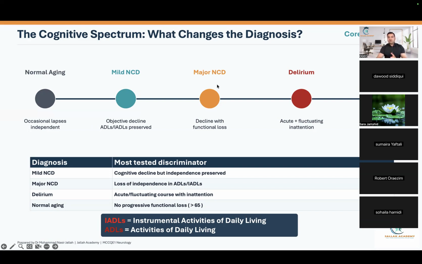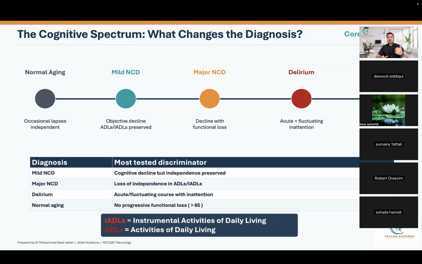It moves on to the red, not red zone, but it's like a gray zone between. We can also call it mildly on the red zone area because you're losing the functionality of daily life. So it is the severe form of the neurocognitive disorder. Now you're losing the functionality of day-to-day activity.